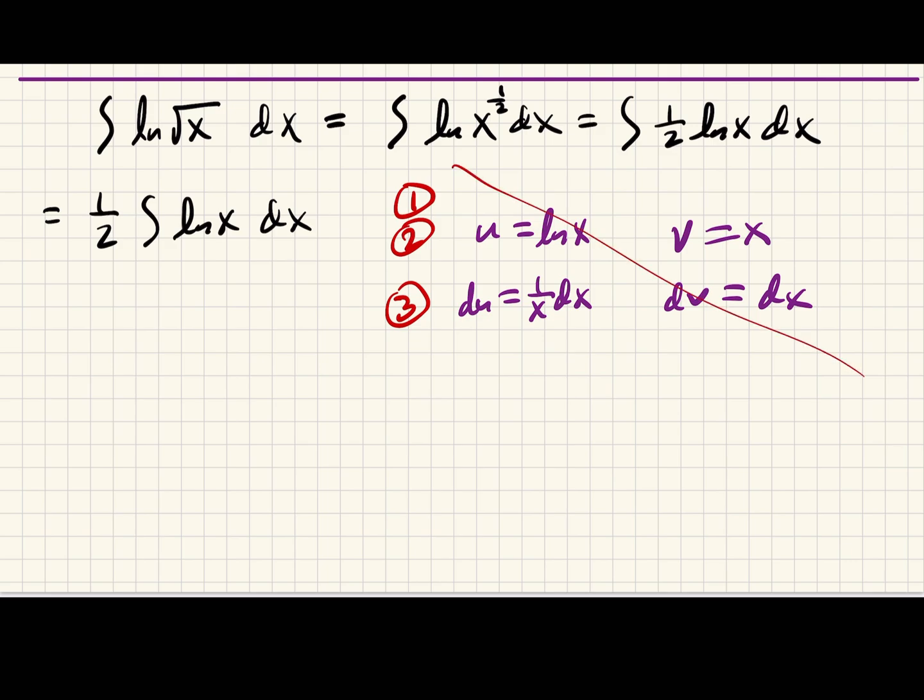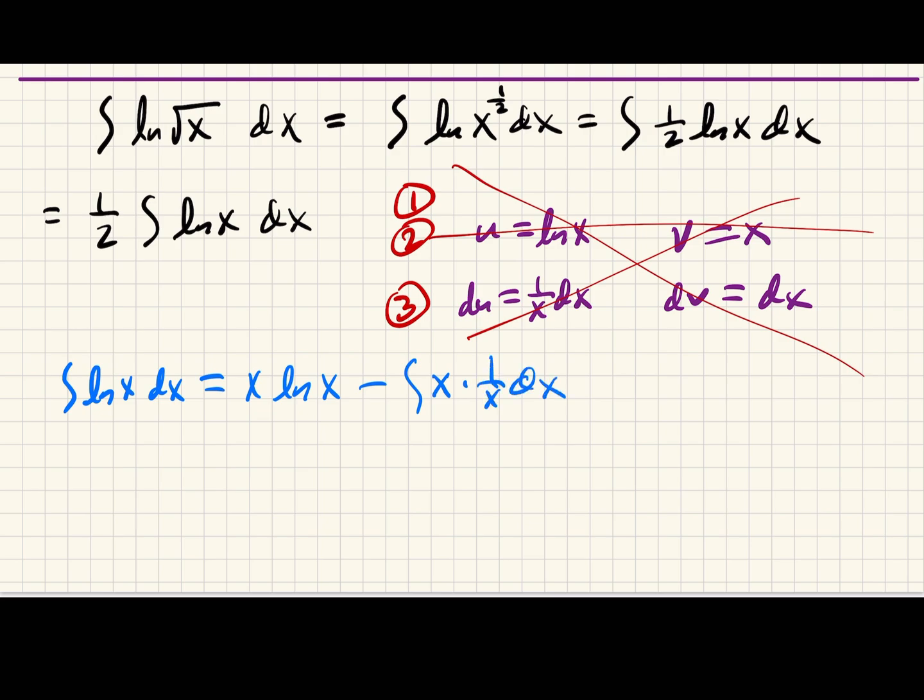So 1, all right, integral natural log x dx equal to 2, we'll pick up the half later, so I've got x natural log x minus 3, lower left, upper right, integral x times 1 over x dx.